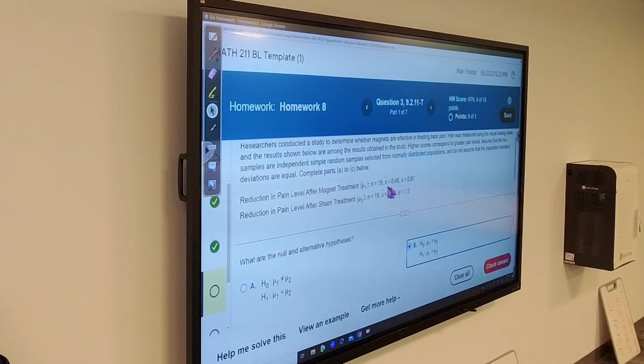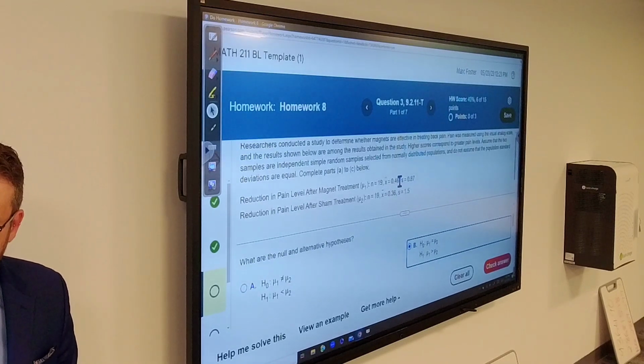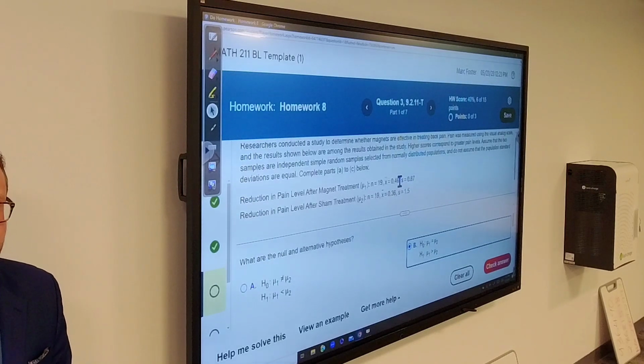Right? Because the X bar is a reduction. X bar is the average reduction in pain level.